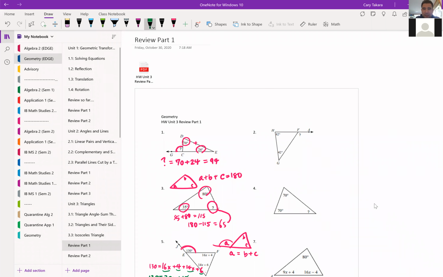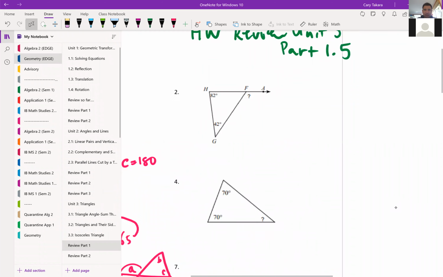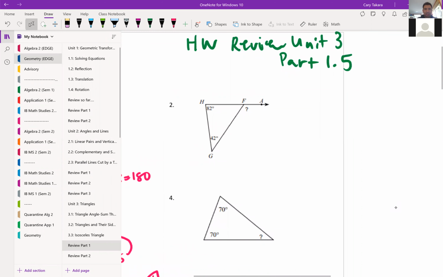So this is the homework review, unit 3 part 1.5. Okay, and we're just going to do the right side of the worksheet, and that will be today's assignment.